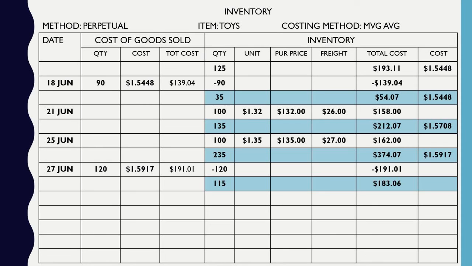$183.06. So as I've mentioned before, you're constantly recalculating the average cost, because even though you sold something at $1.5917 and you recalculate your average cost, it could change by that thousandth of a penny. So right here, it changed by a thousandth of a penny. It increased, right? It went from 17 to 18 now.